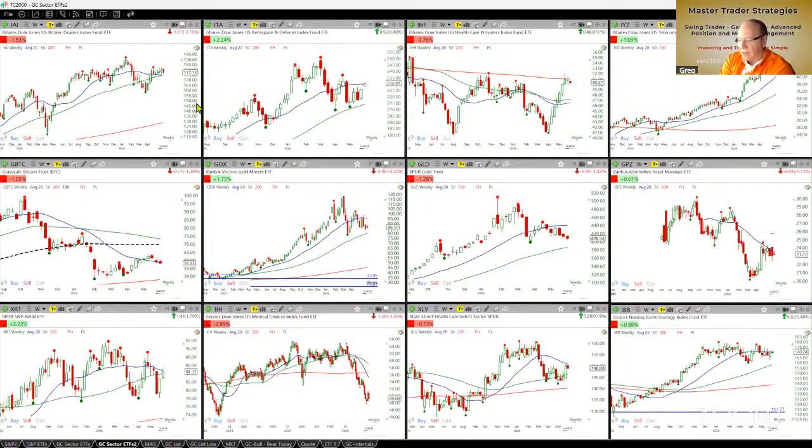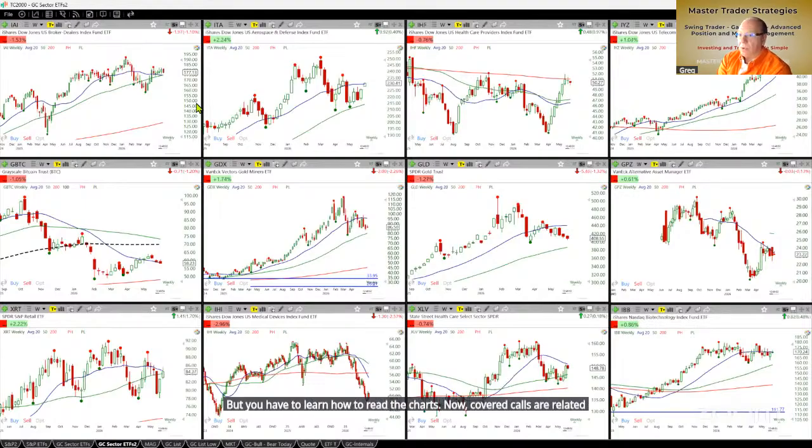Just thinking that that's a good place to start learning options. Well, covered calls are pretty simple strategies, but you have to learn how to read the charts. Now, covered calls are related to if you own that particular instrument.